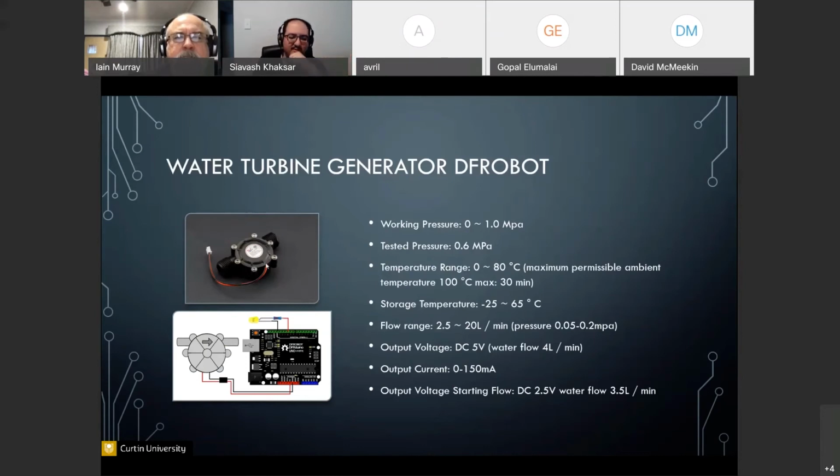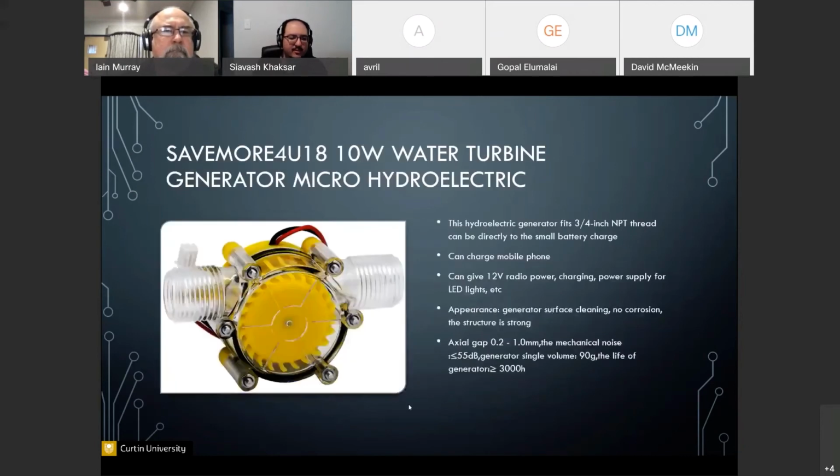So this is one we found, and it uses the flow of water to generate that. And the internals of that are basically, I think there's a little turbine in there that works on the basis of the hydroelectric bigger turbines in dams.